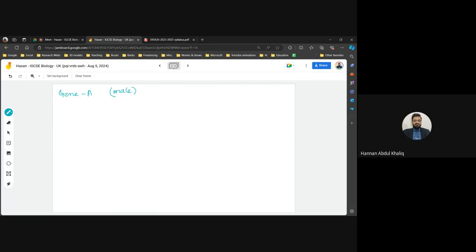We know that this male is a child of someone and he got one allele from his father and one allele from his mother. So suppose this male has both the dominant copies from his parents. First of all, name the genotype. How would you name it? What is the name of this genotype?